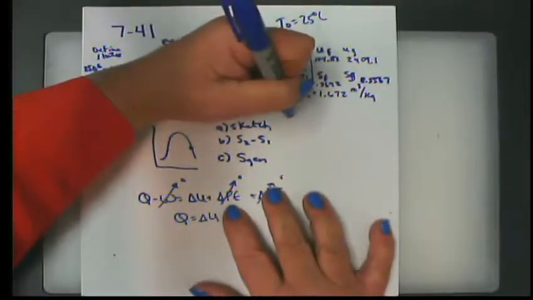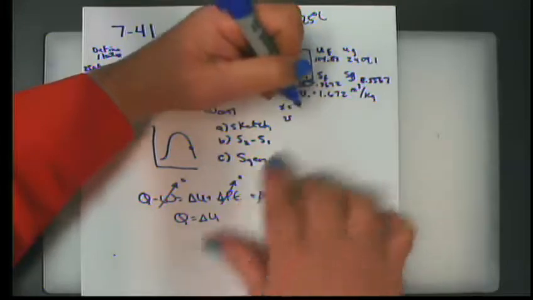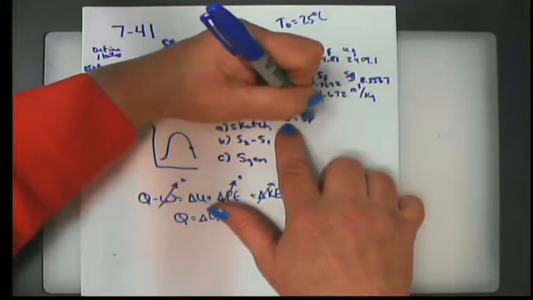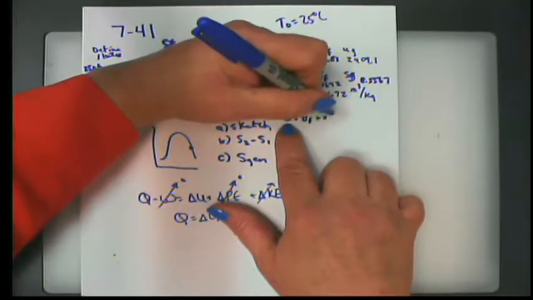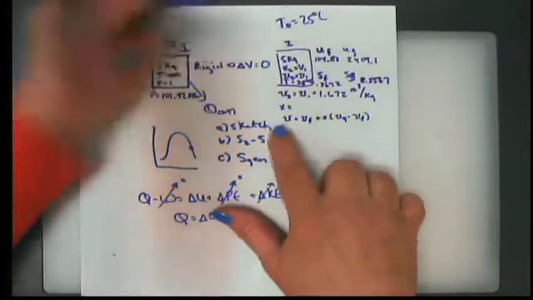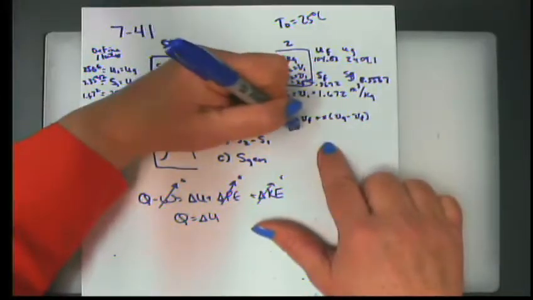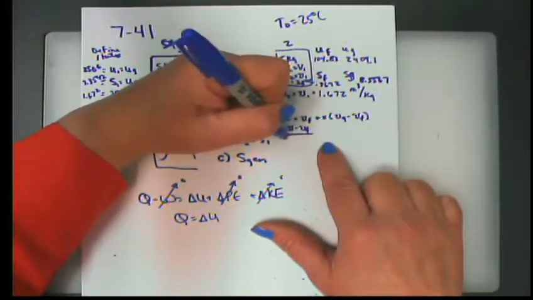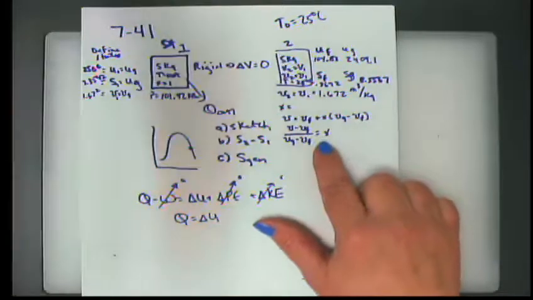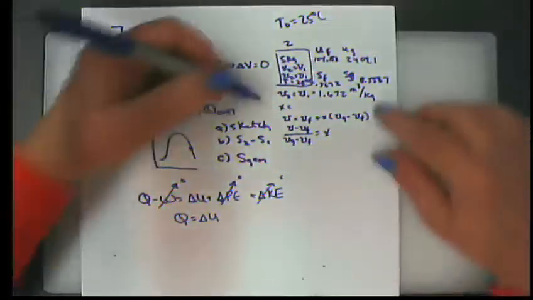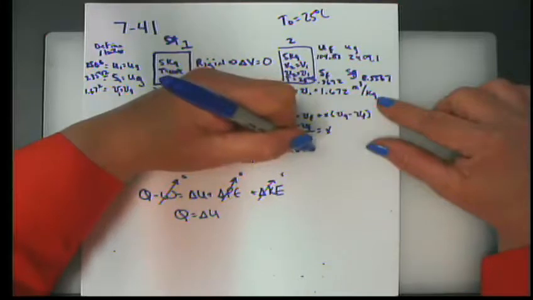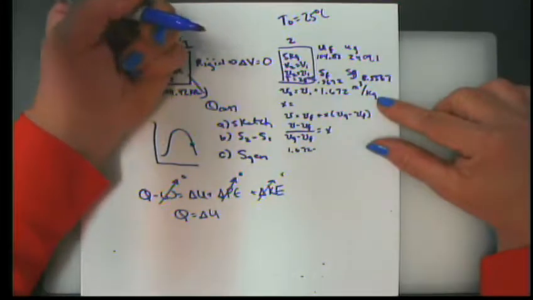We know that for any x value, v is going to be v sub f plus x times v sub g minus v sub f. If I rearrange this, I can solve for my x value. So I take my v, 1.672, and subtract from that the v sub f.